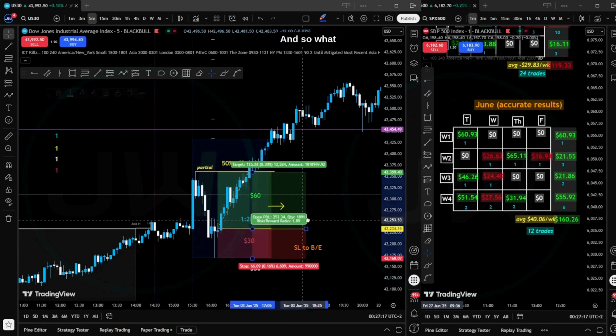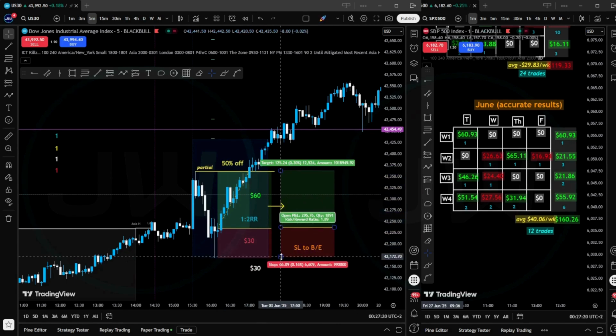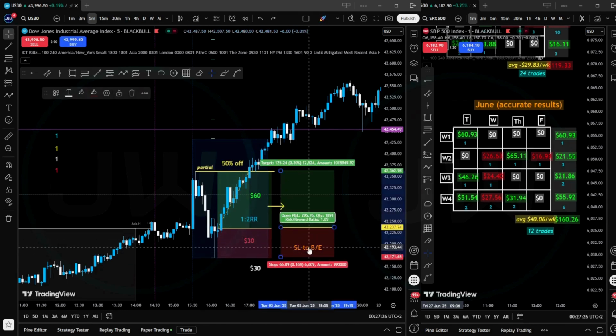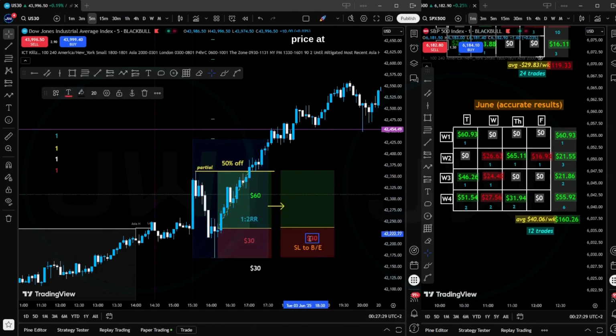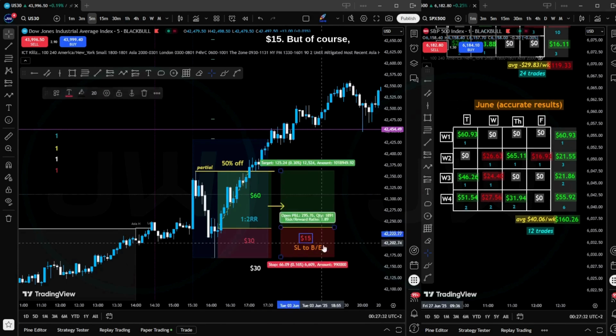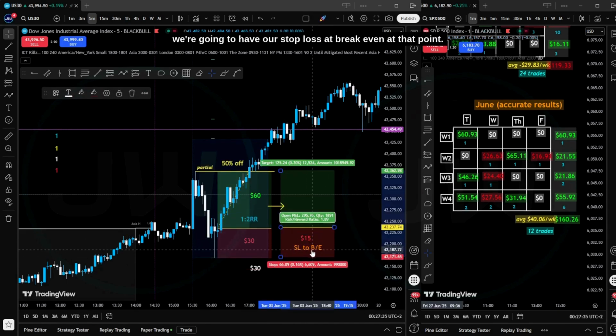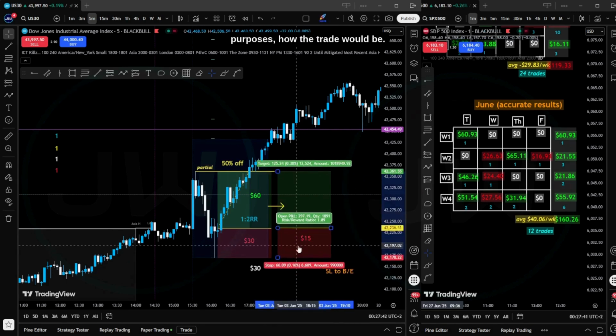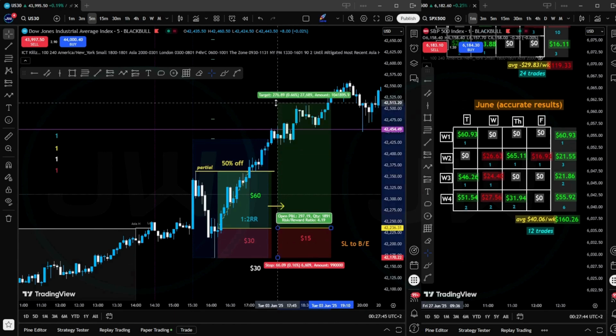And so what that will look like is price at $15, but of course we're going to have our stop loss at break even at that point. But just for visual purposes, how the trade would be, this is our 1 to 4.